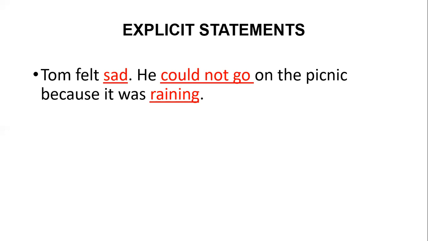On the picnic. Reason? It was raining. Everything is very clear. You don't need to think about it. He was sad because he could not go for the picnic because it was raining. So everything is quite clear.